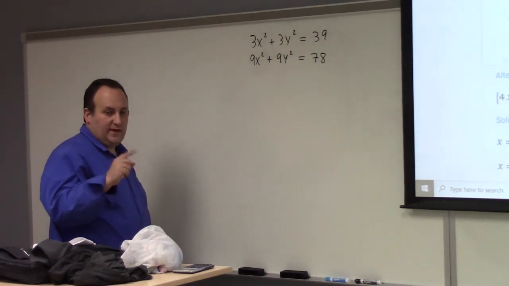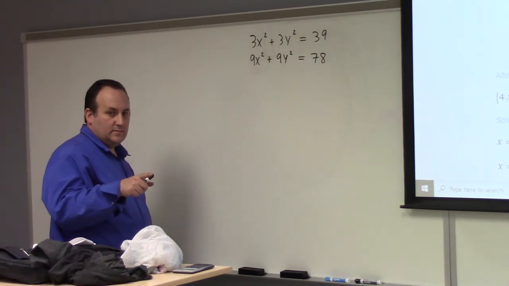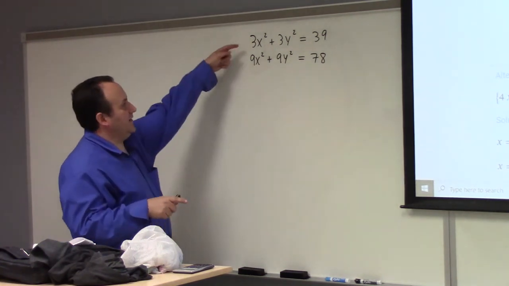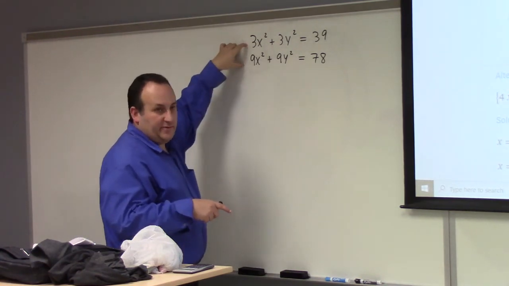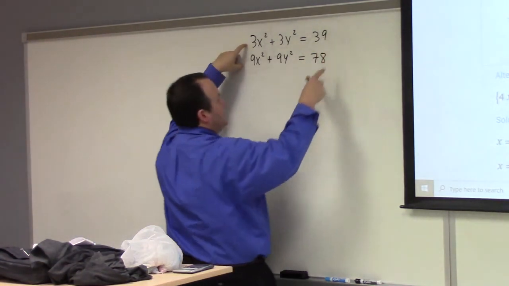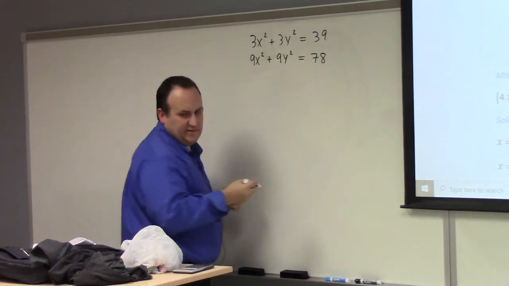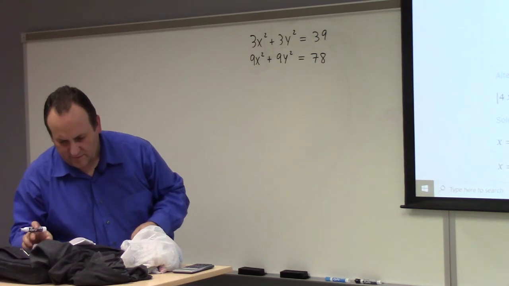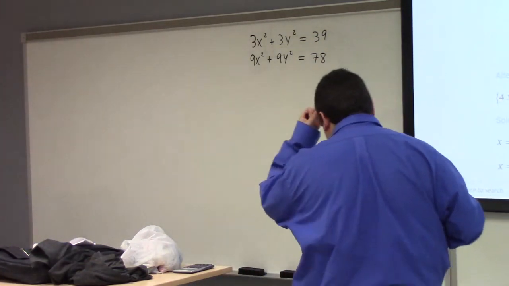Almost. But not on both sides. Because I need to multiply this by 3. To match the left-hand side up, I need to multiply by 3. You're right that that's 2 times that. But listen, let me make this easier for us. This is example 4, right?